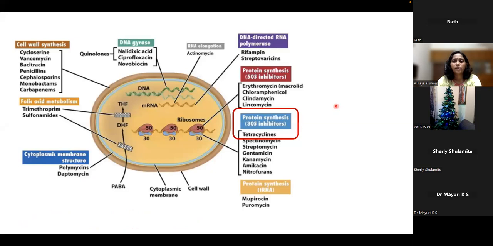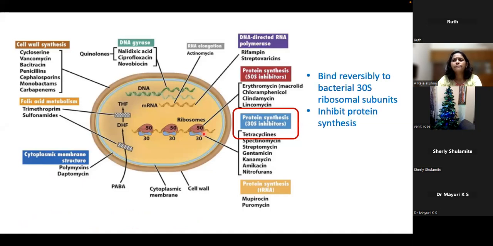The mechanism of action is, again, it acts on the 30S ribosome, and it inhibits protein synthesis by blocking bacterial ribosomal protein synthesis by binding to the 30S ribosomal subunit.